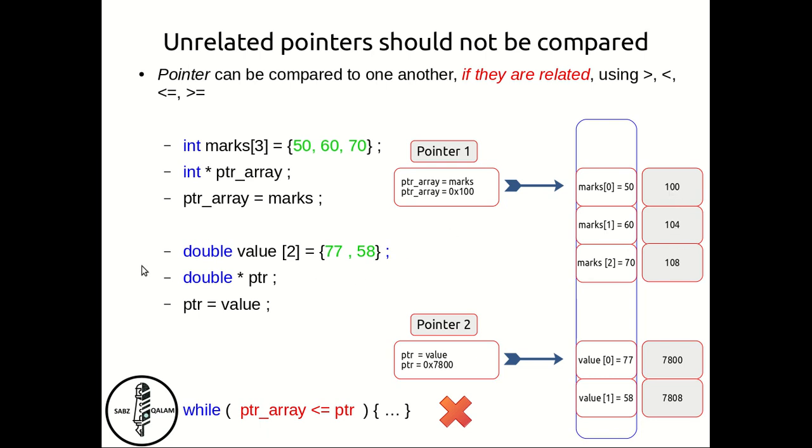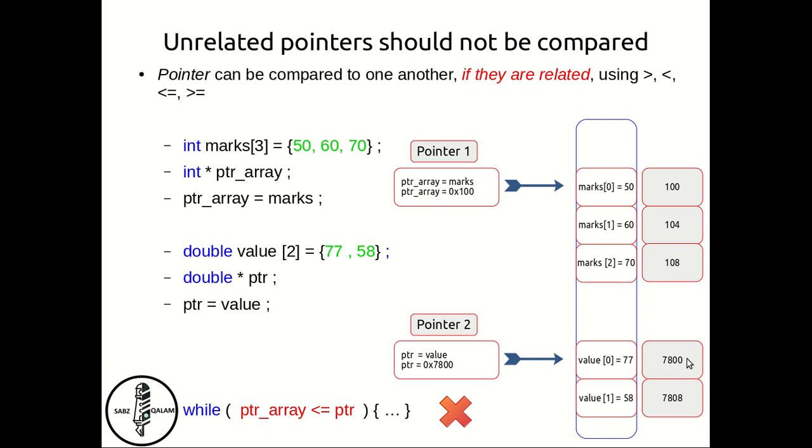Now this is an entirely different array. In fact, it's not only different, but it also has a different data type. So here is a different array value containing two elements, 77 and 78, where the first location is presumably 7800 and the next element is present at 7808.